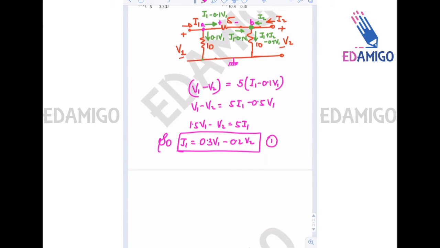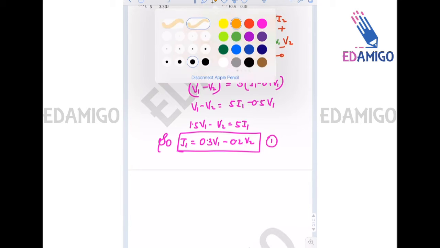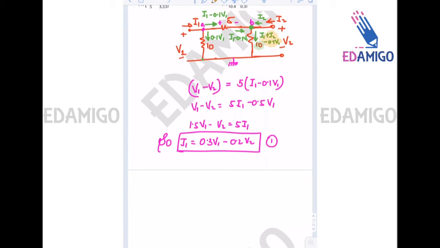Now, since we know that in the 10 ohm resistance, the current is I1 plus I2 minus 0.1 V1. V2 is the voltage across this 10 ohm resistance. So V2 is equal to I1 plus I2 minus 0.1 V1 multiplied by 10.